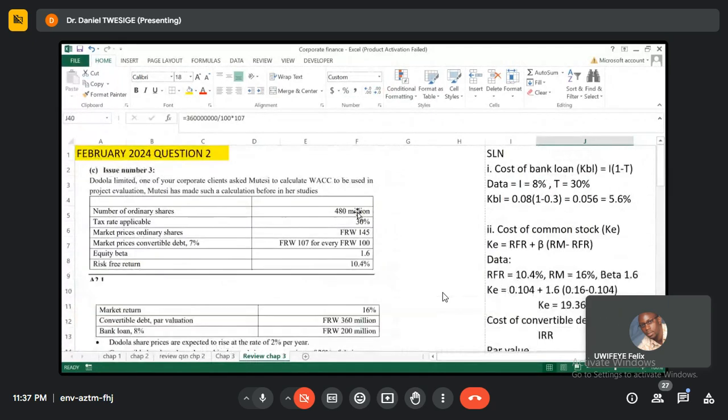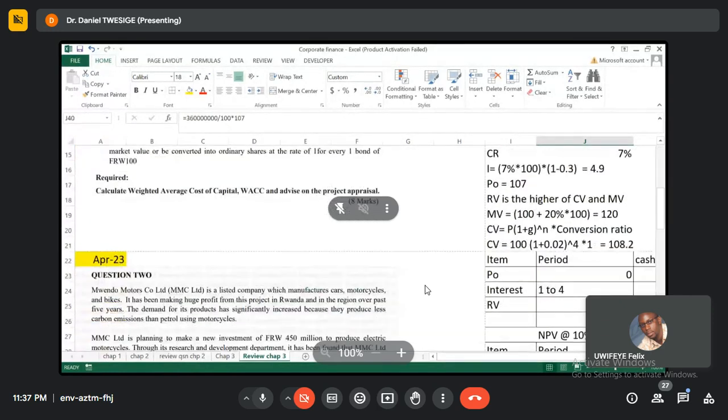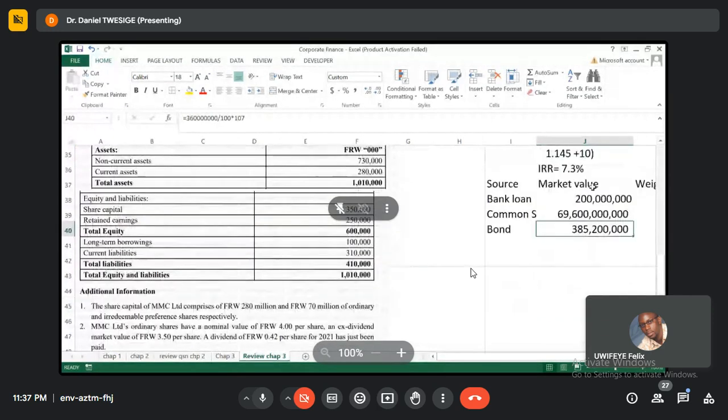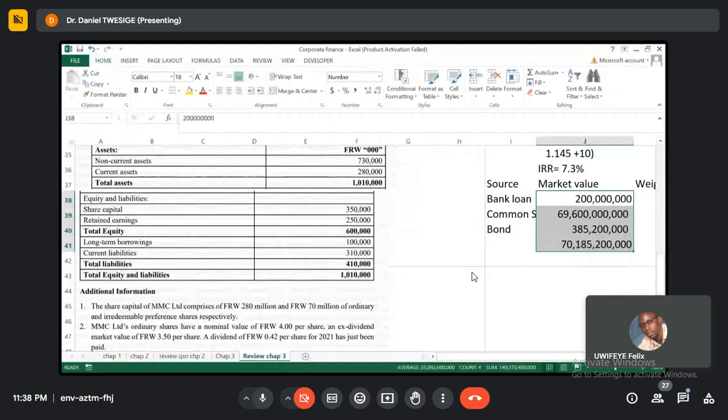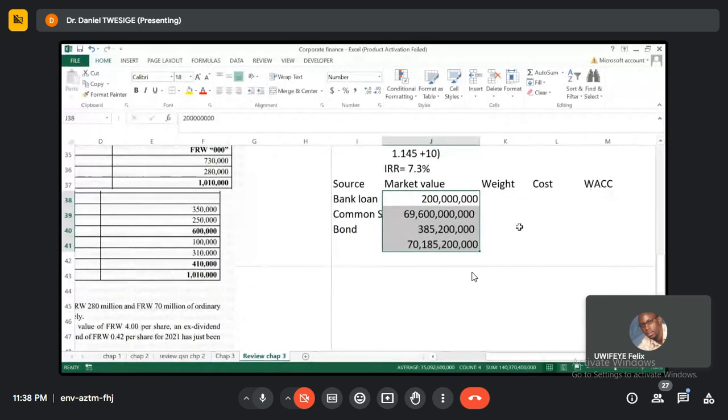Come back to the question so that we can confirm. Yeah, it is 480 million shares. I think it is correct. And this is the current market value. I think the figure is very big, but it's okay. So what is the weight?